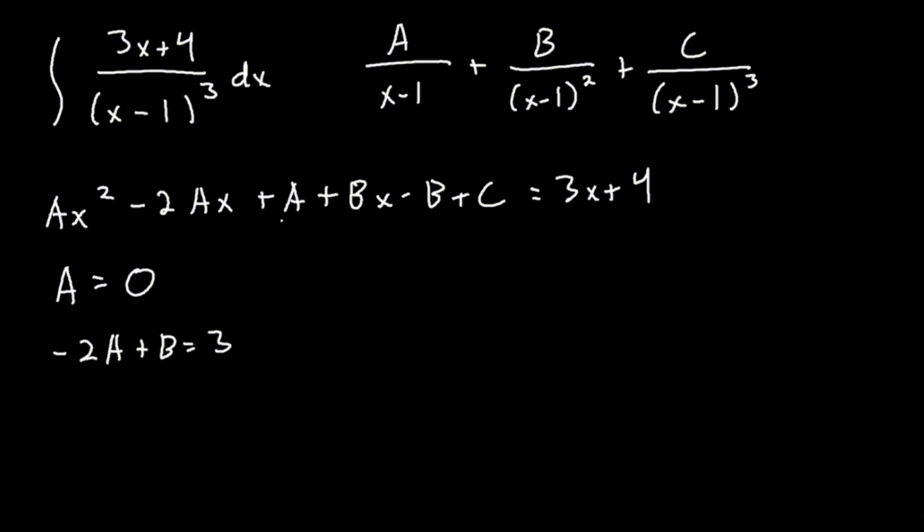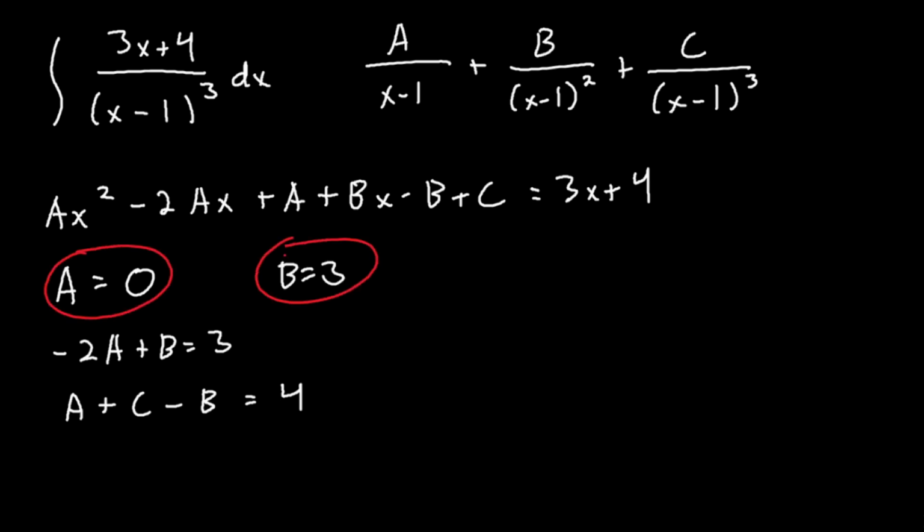So the only numbers that can equal 4 are a plus c minus b, since none of those terms have any variable multiplied into them. It's equal to 4. All right, let's go ahead and solve for this one first. Well, since a is equal to 0, that just simply means b is equal to 3. This right here and this right here are important. Let's keep them. And if b is equal to 3 and a is equal to 0, then c is just equal to 7 in this function.